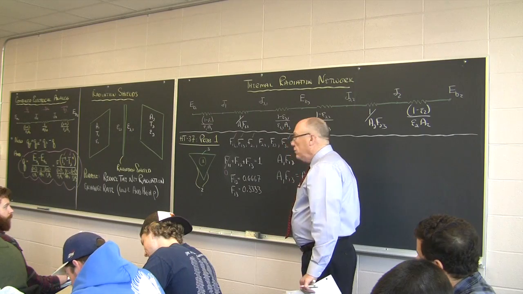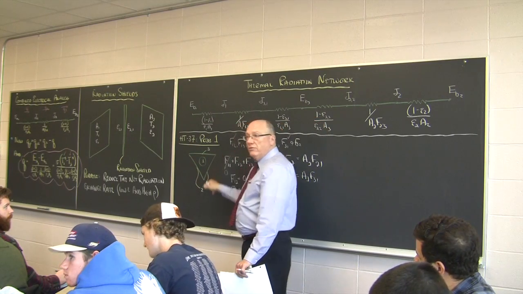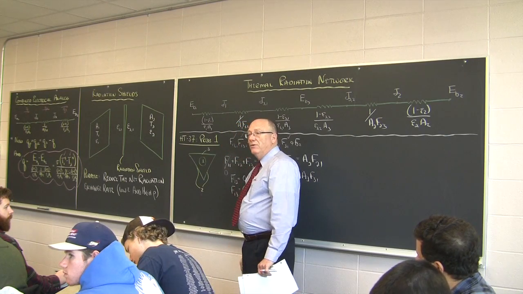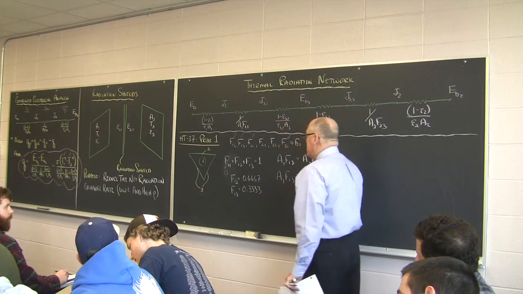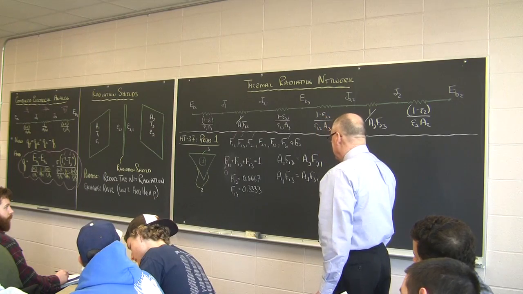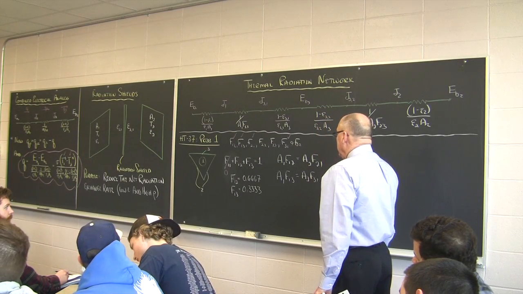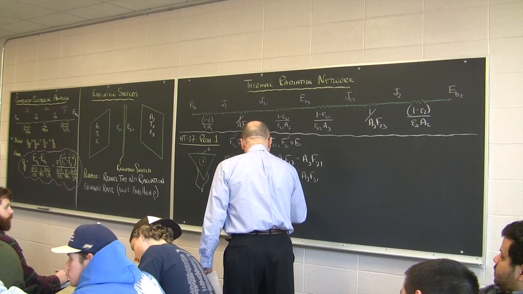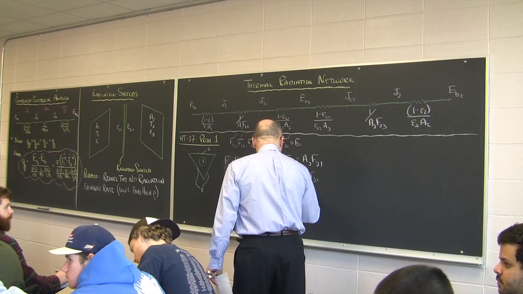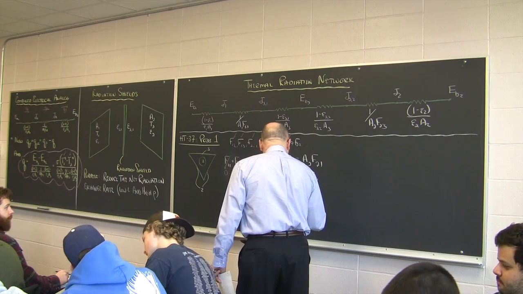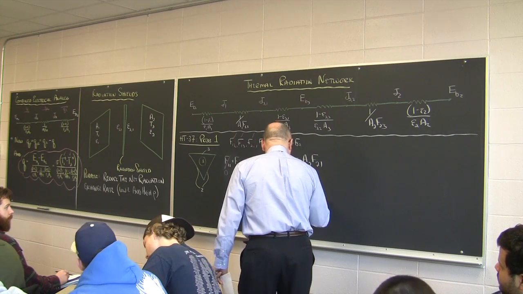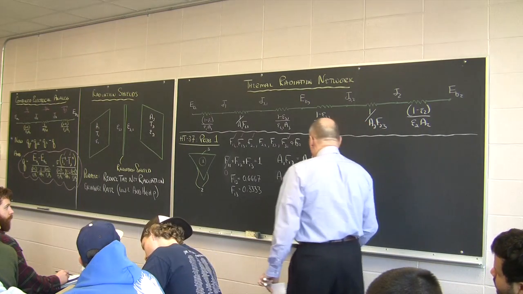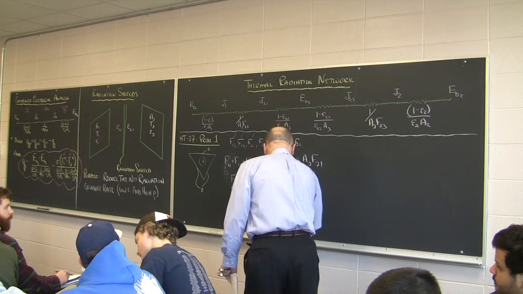Doesn't it though? No, because 2 is both sides. If you just divide by those areas, you get F21 and F31 alone there. Yes. And then you solve for F31, which would be equal to A1 over A3 times F1 to 3. Yep. And then F21 is A1 over A2 times F1 to 2.